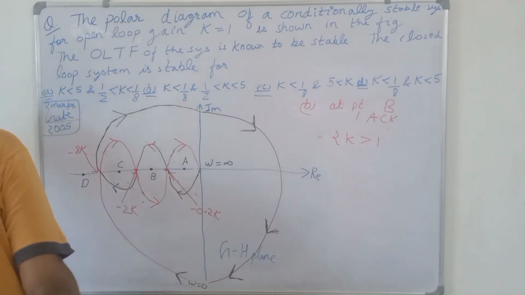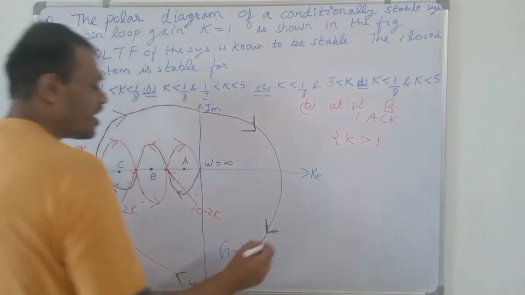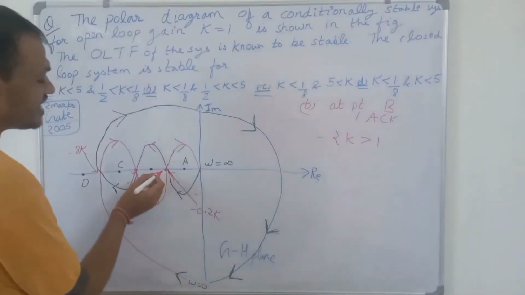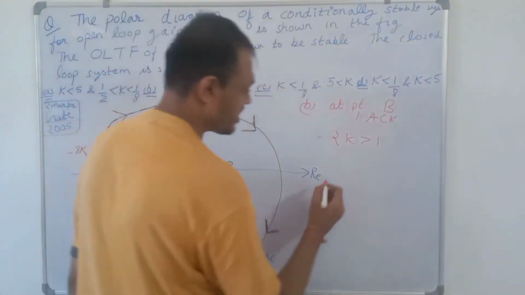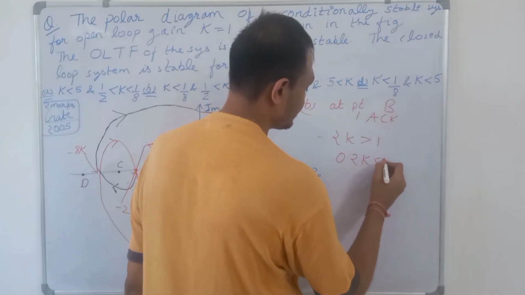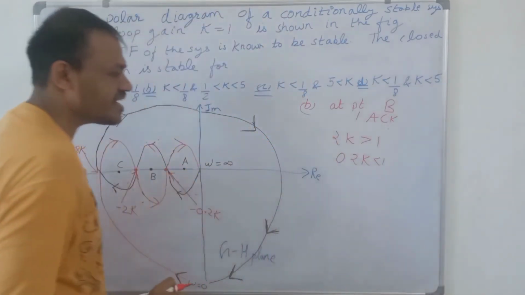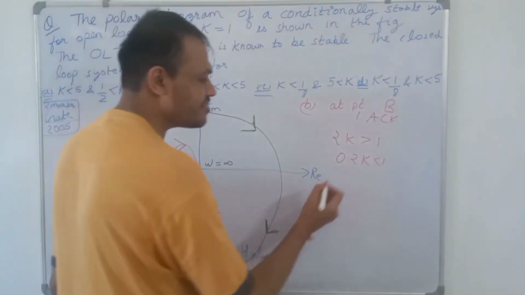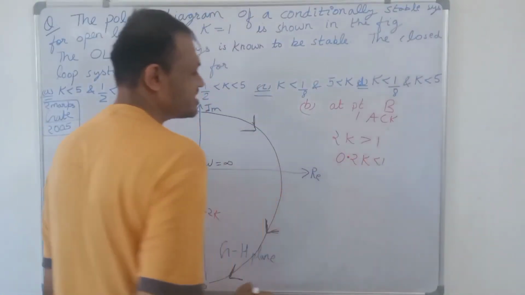So 2k is greater than 1, and this point is -0.2k. So 0.2k is less than 1. So these are the two conditions, that 2k is greater than 1 and 0.2k is less than 1.